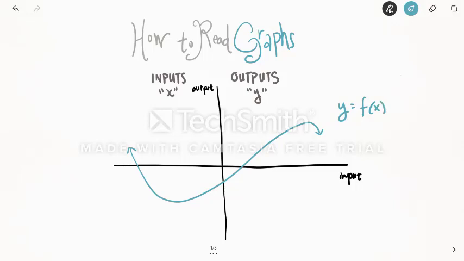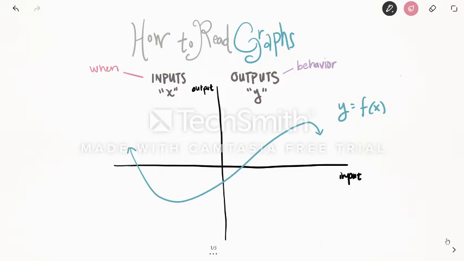Now, if I'm going to analyze this graph, this function, I might talk about the behavior of the graph. The behavior has to do with the output values. When that behavior occurs has to do with the input values.